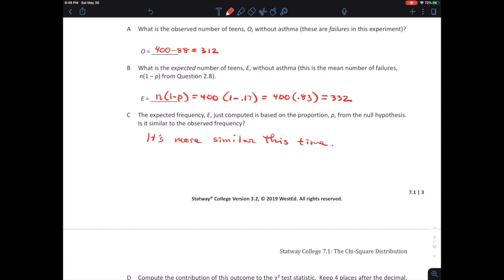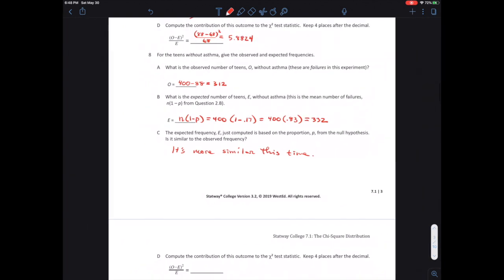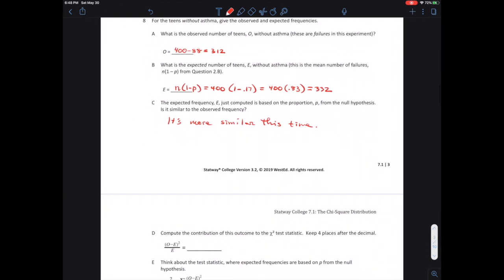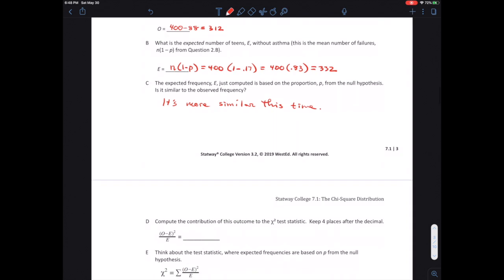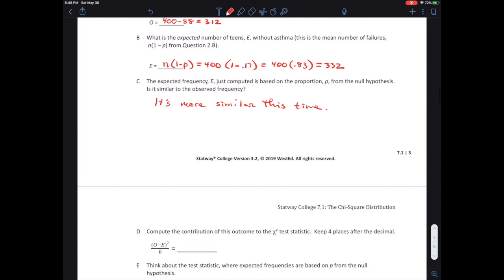Now we have to do that computation for the chi-square statistic again, so I'm going to zoom out a little here so we can see the O's and the E's. The first observed frequency was 312, so in D down below we're going to do 312 minus the expected frequency, which was 332.